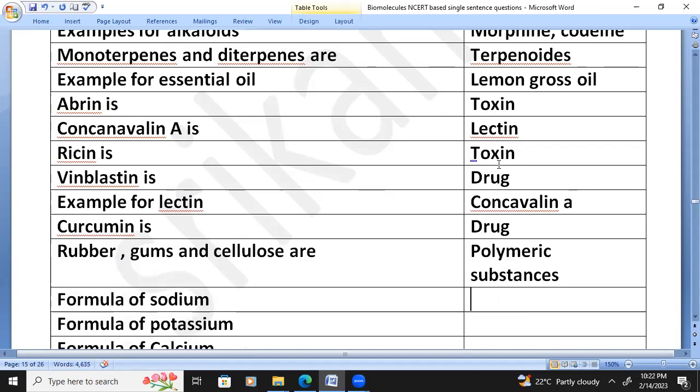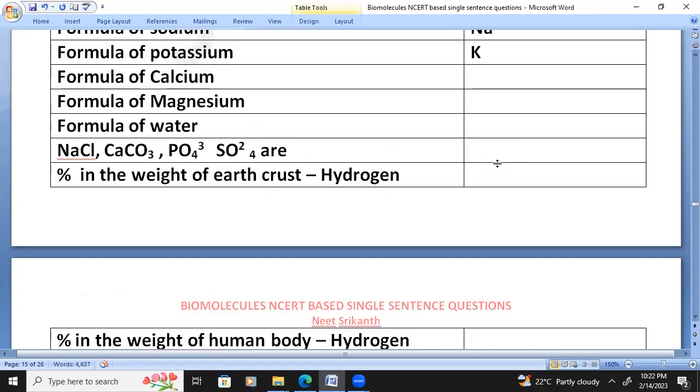Formula of sodium, formula of potassium, formula of calcium, formula of magnesium, formula of water. Sodium chloride, calcium carbonate, sulfates and phosphates are compounds.